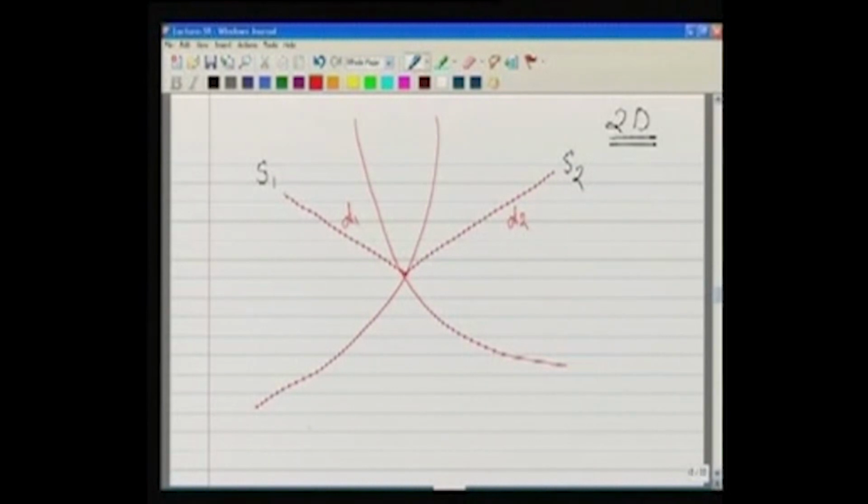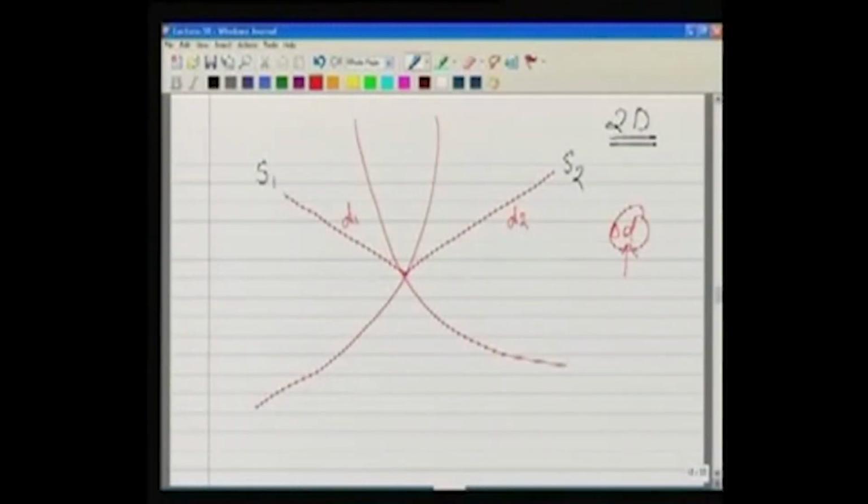Now if we have an error in distance, let us say delta d is the error, because if there is a synchronization problem in the clock, the time measurement will have an error. If there is a time measurement error, it will result in an error in the distance. So let us say delta d is the error.